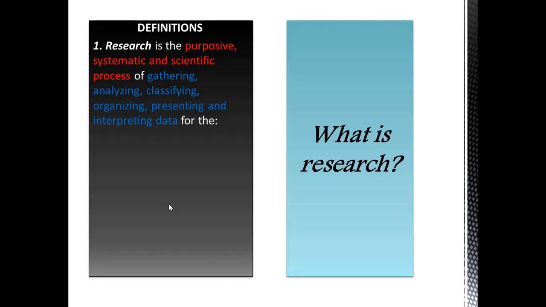So research is purposive. It is a systematic and scientific process of gathering. You gather, and then you analyze, okay? And then you classify, and then you organize, and then you present and interpret data.